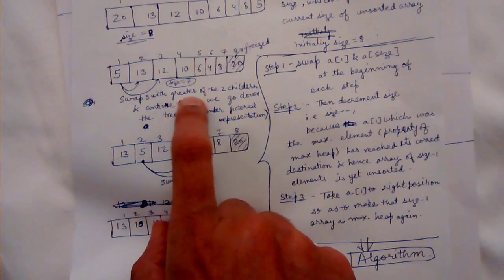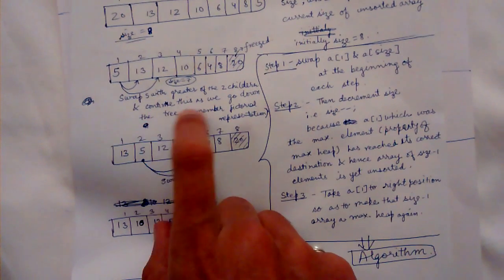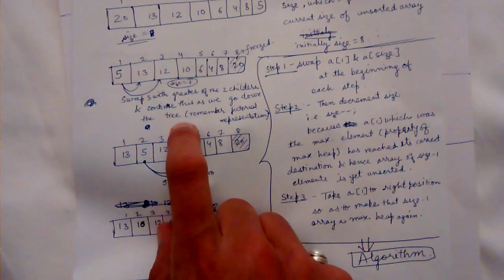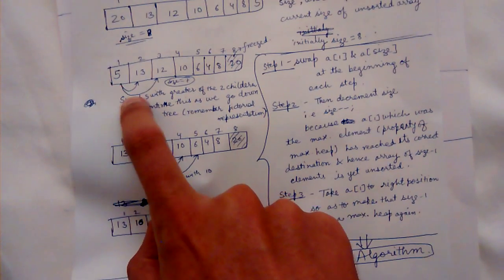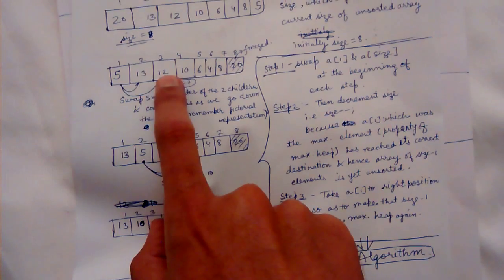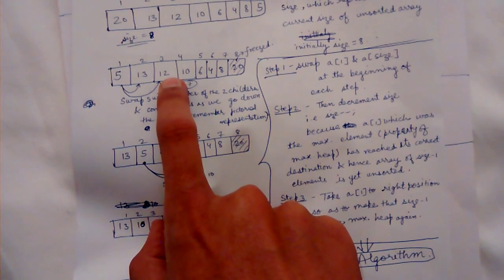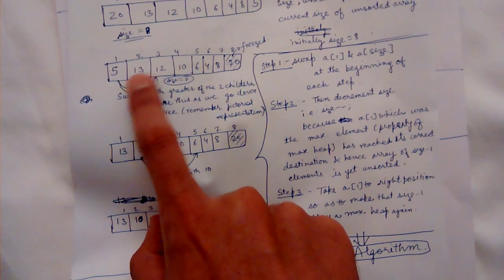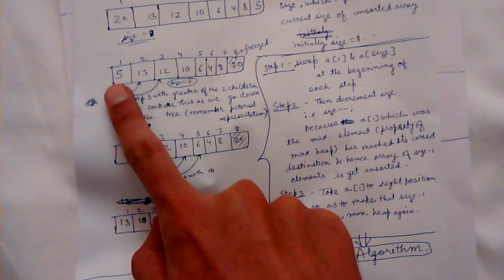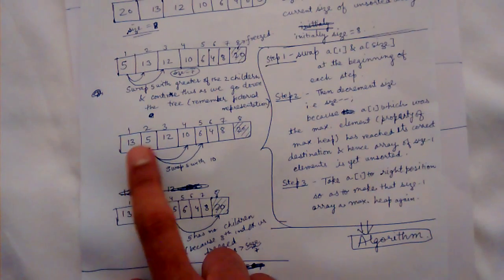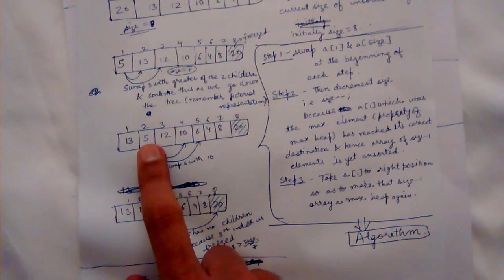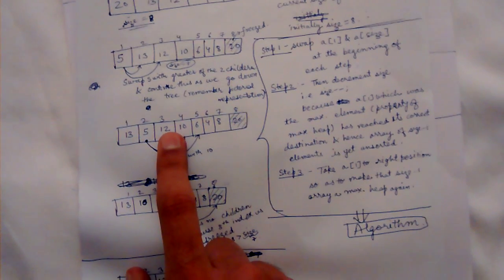We swap 5 with the greater of the 2 children and continue this as we go down the tree. Remember the pictorial representation. So 5 has 2 children named 13 and 12. Out of these, 13 is the larger child. So 13 deserves to become the root. 13 becomes the root, 5 comes here, and 12 remains at its earlier position.